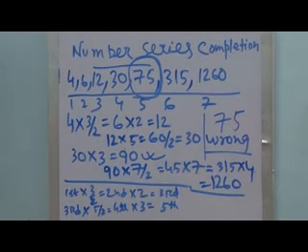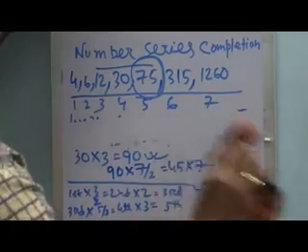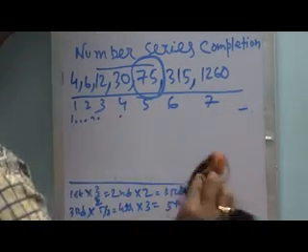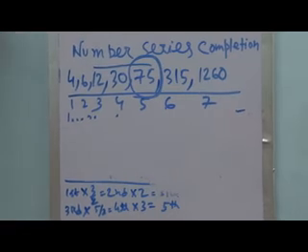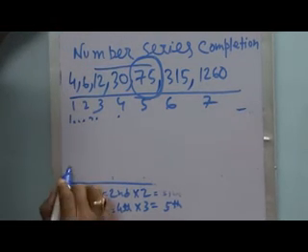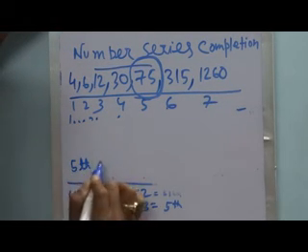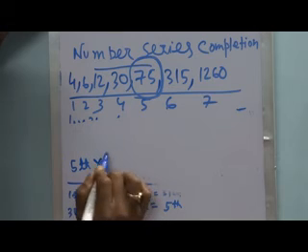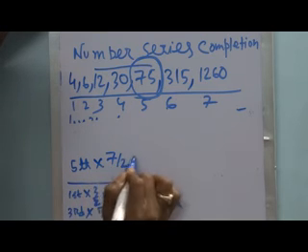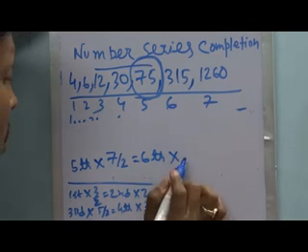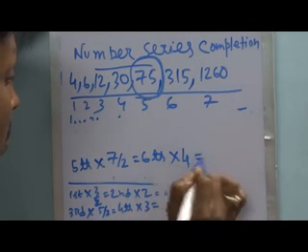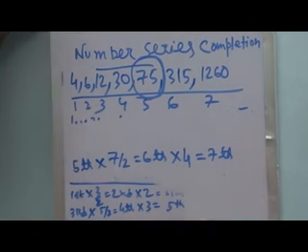And then the fifth into 7 by 2 equals the sixth, into 4 equals the 7th. That is the logic.